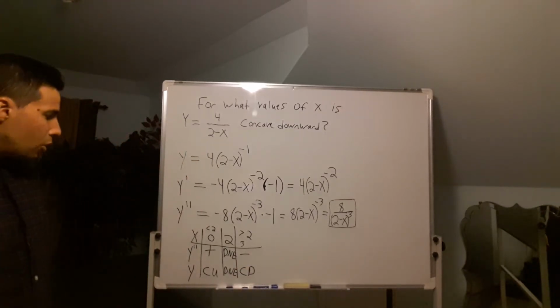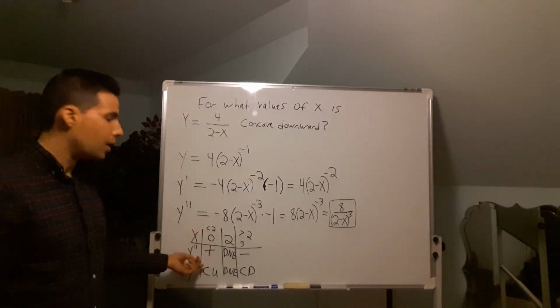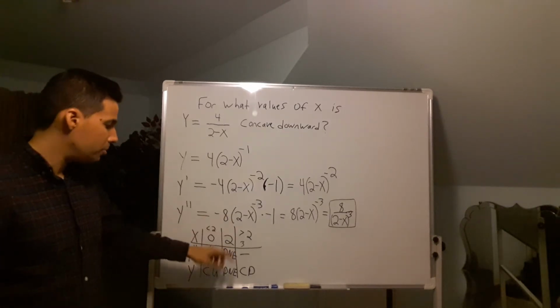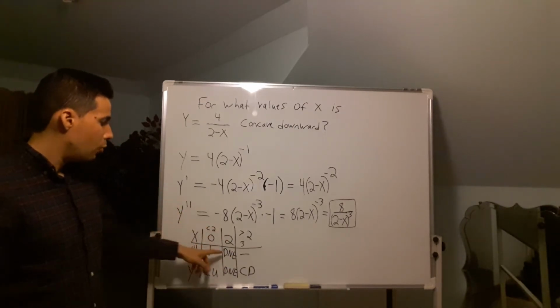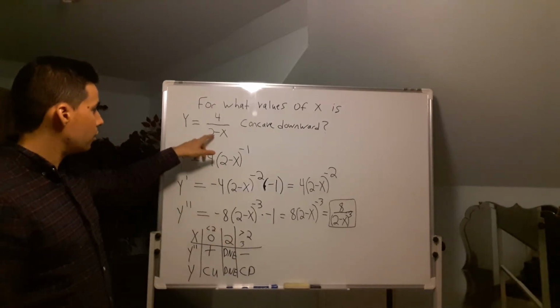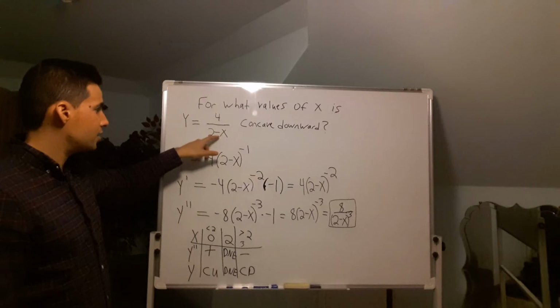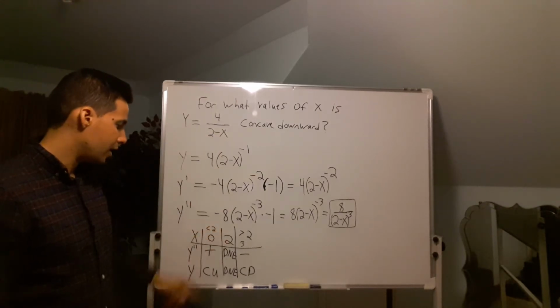Okay? So an inflection point means when the concavity changes from concave up to concave down, or concave down changing to concave up, but that only could occur when the function exists at that point. So if you look at the original function, the function does not exist when x equals 2. So it's not continuous at the value x equals 2.